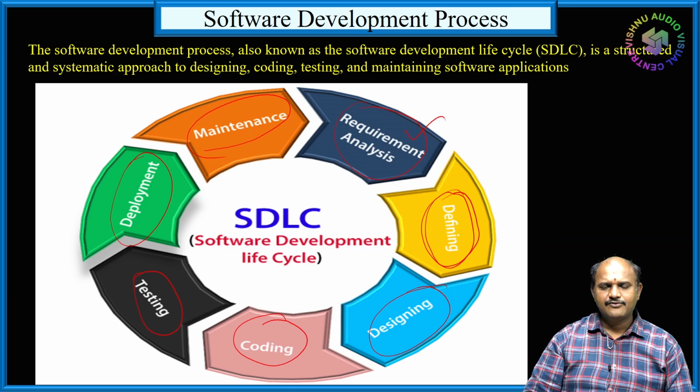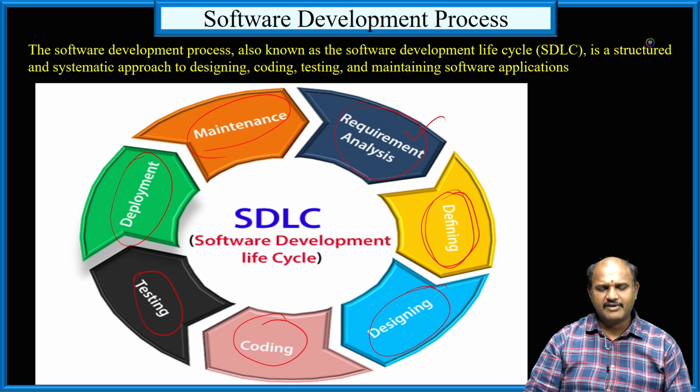That means what data is required, what tools are required, how complex it is, how many days you are going to take to complete it, what the expenditure is, and how many resources are required. Everything you are going to plan.